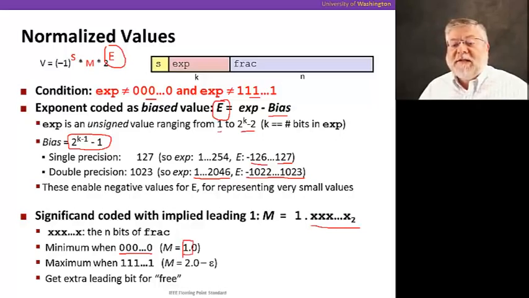If we have a mantissa that is all 1s, that's equivalent to 1.11111, which is very close to 2, but not quite 2. Okay, so we get that leading extra bit for free. So now we've seen how we encode both the E and the M in our exponent and fractional parts. Okay, that's why it's not an exact representation of those, but rather an encoding.